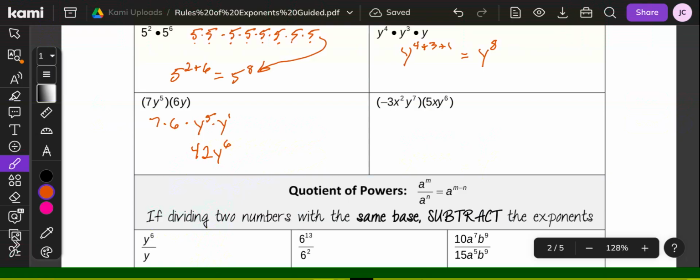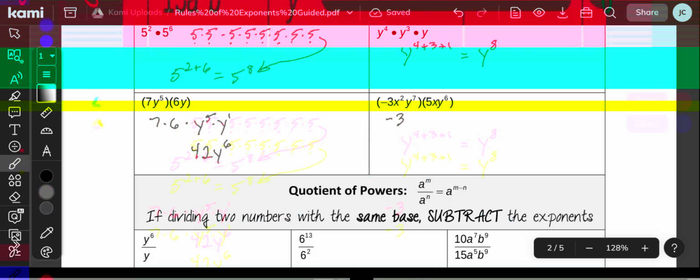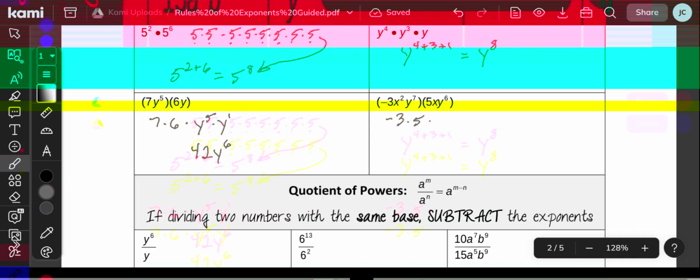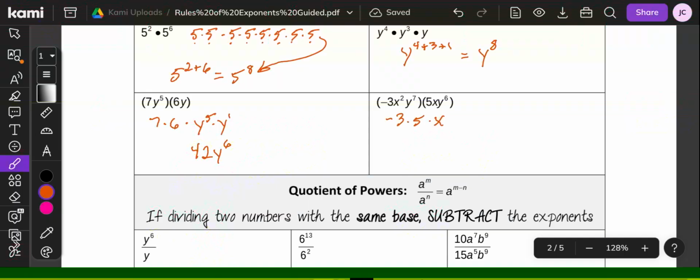Okay, so, right, we're going to have -3 times 5, right? I'm just going to write the like terms next to each other. Well, that's actually a mistake to say that, because these aren't like terms necessarily. x squared is not a like term with x, because like terms have the same exponent in addition to the same variable.